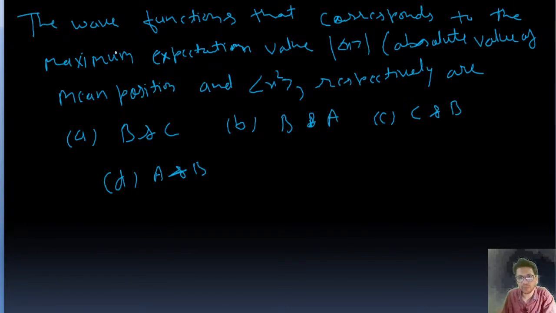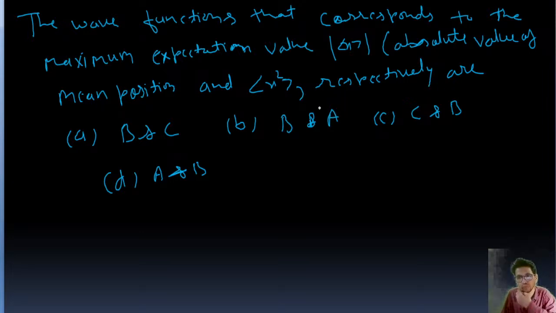Now what we have to find out is the wave function that corresponds to the maximum expectation value, that is the absolute value of the expectation value of x, and the expectation value of x square respectively.